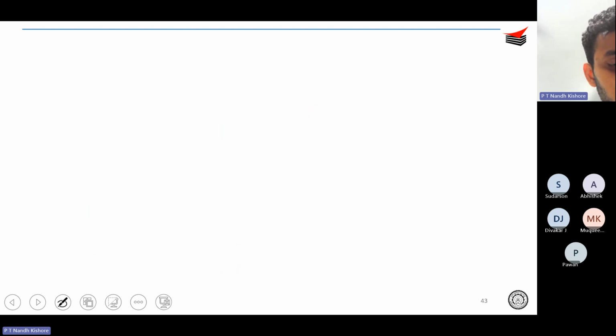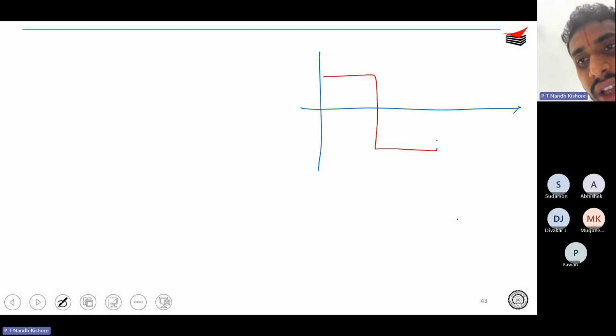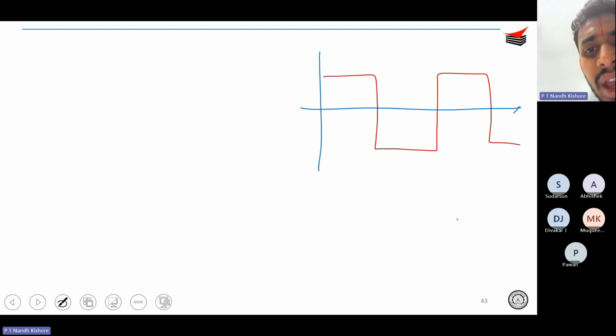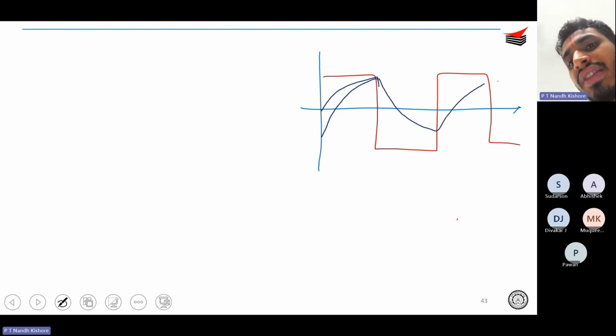Okay. So now how does your load current look like? You understood that your V naught is going to be something like this. So your load current would look something like an RC charging, something like this.